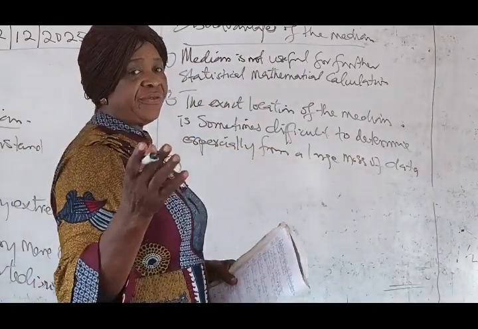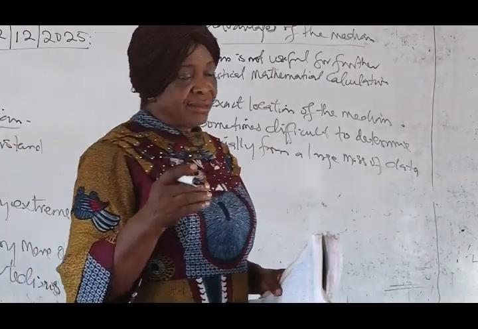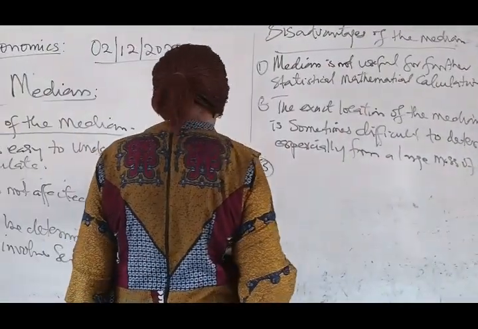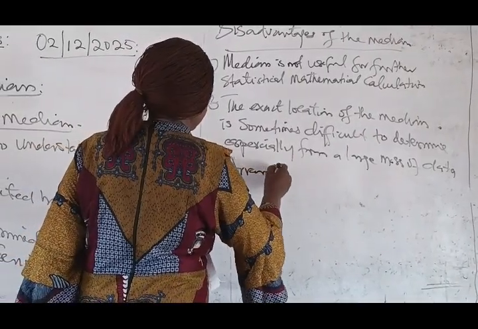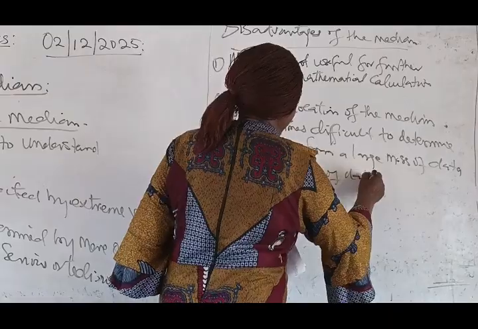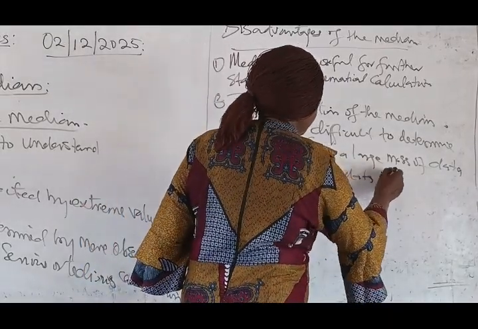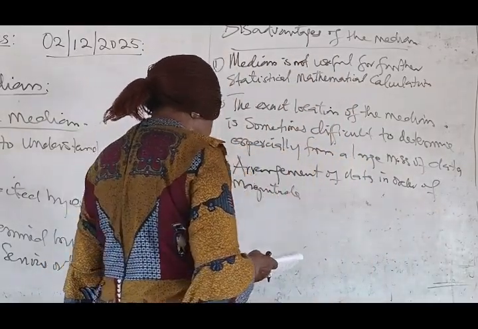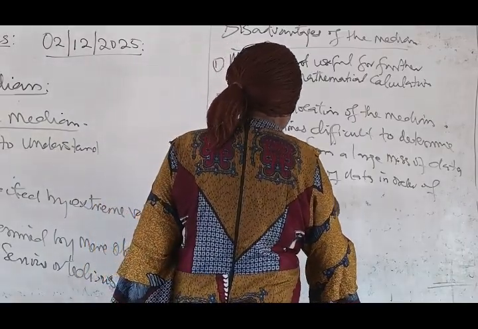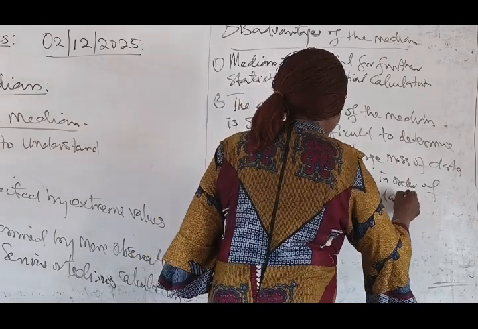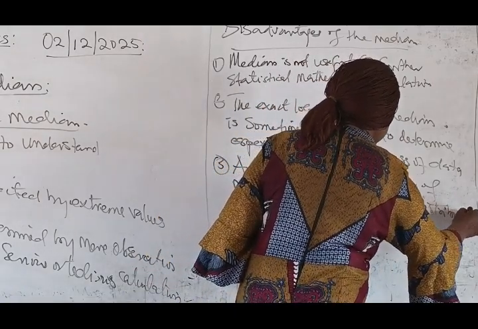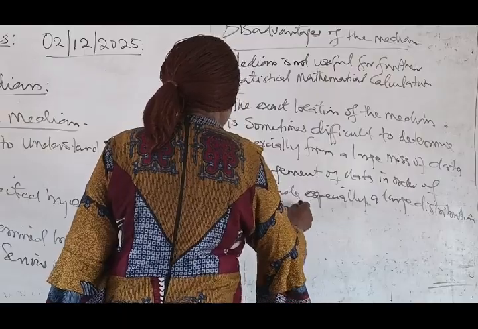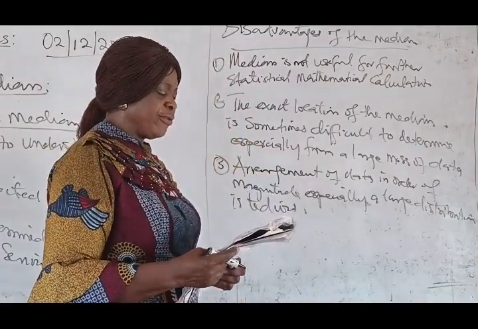The third one is that sometimes it is difficult when you are arranging, in either ascending or descending order of magnitude. The arrangement of data in order of magnitude, especially a large distribution, is sometimes tedious when you have large numbers involved.